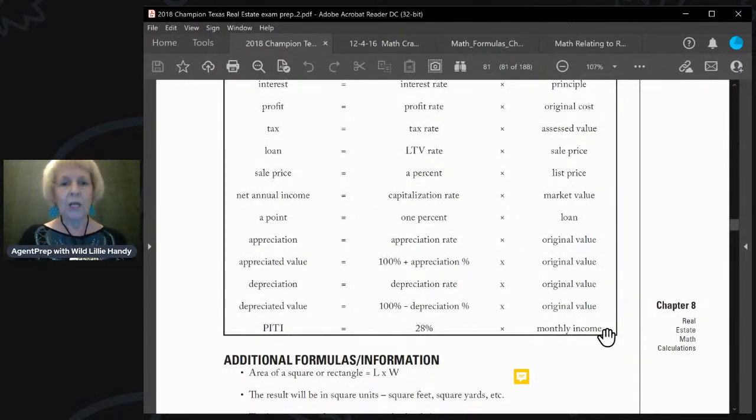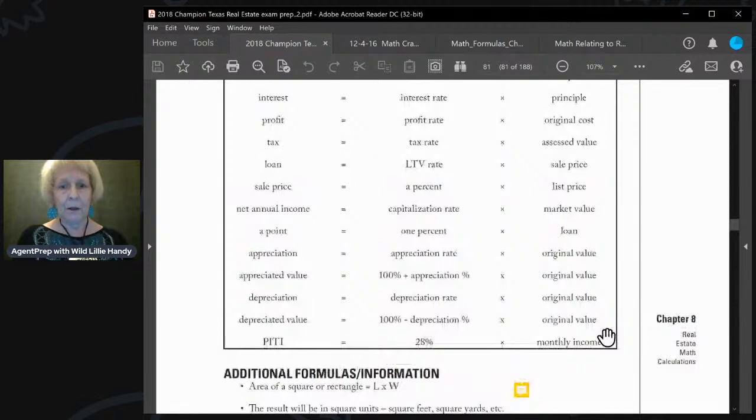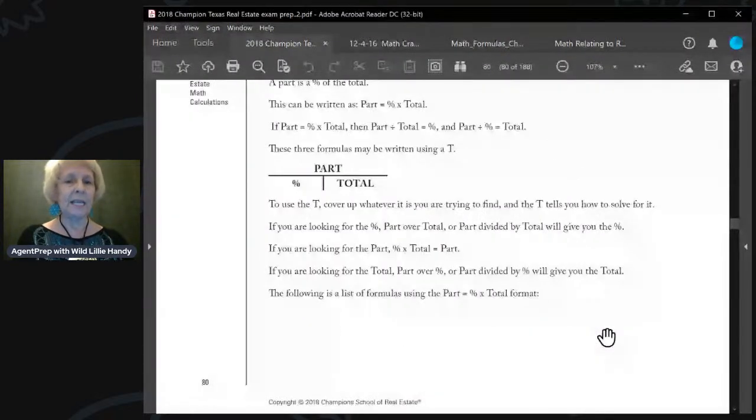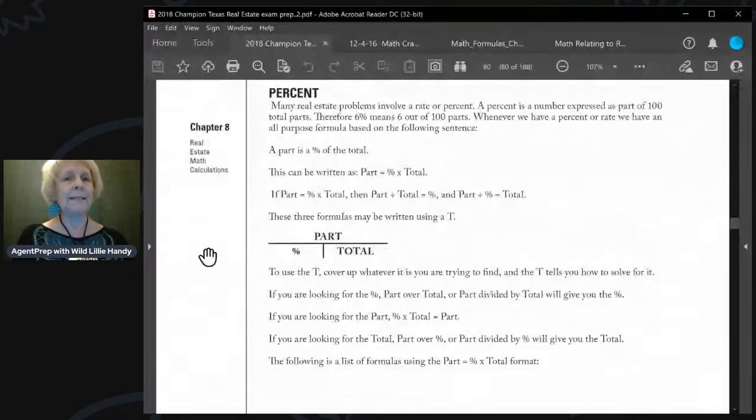So that's the main thing that I wanted to cover today, the T formula, part divided by percentage or part divided by total equals, so part equals percentage times total. The vertical line is multiplication. The horizontal line is division.